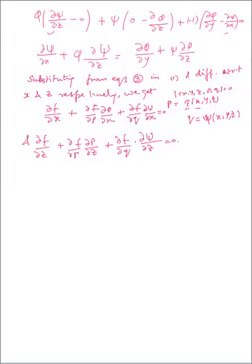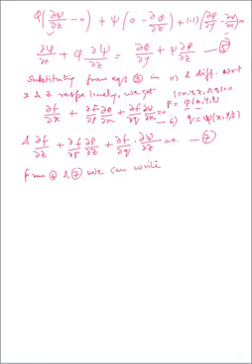So let's say these are equations 5, 6 and 7. Now from 6 and 7 we multiply the second equation by phi and then add them.